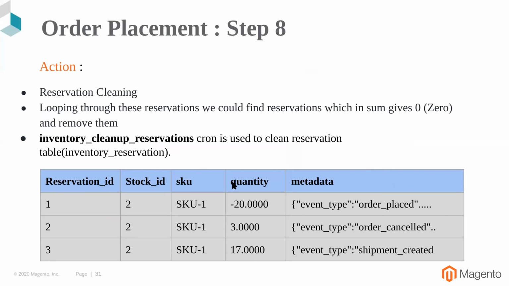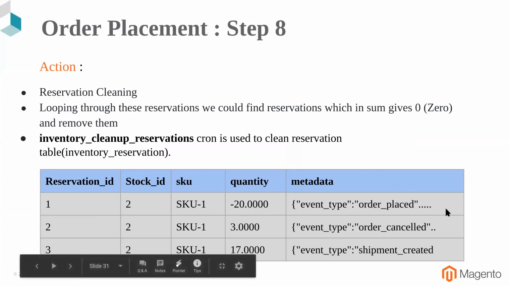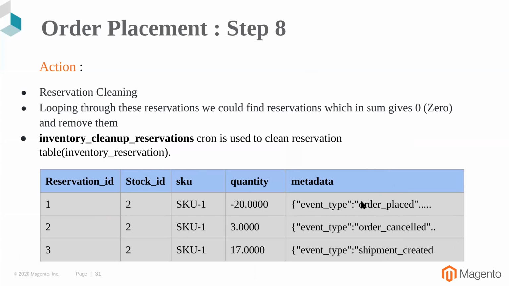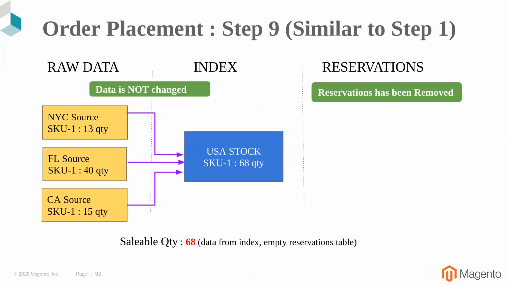This is the main inventory_reservation table, where all the reservations for that particular order are added, for order placed, order cancelled, and order shipment. When the sum comes to 0, only then are those reservations cleared from this table. The next step is similar to the first step: the reservation has been removed and our sellable quantity is also updated.